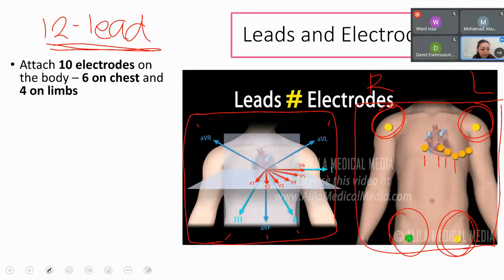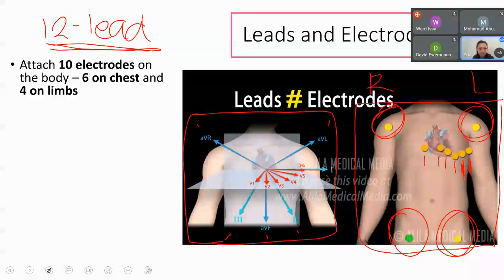V3 is just between V2 and V4. V5 is fifth intercostal space, anterior axillary line, and V6 is fifth intercostal space, mid axillary line. At this point you don't really need to know this, but if you're interested, that's where we place these electrodes.